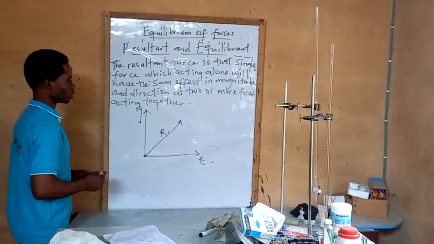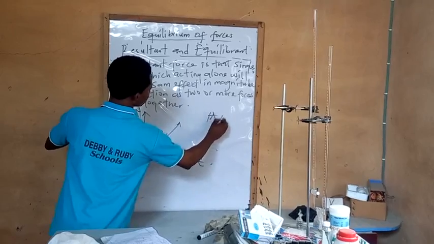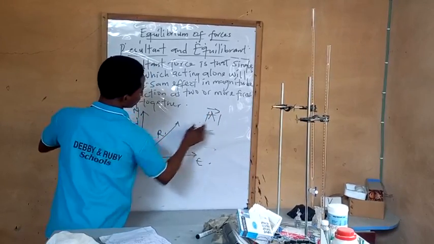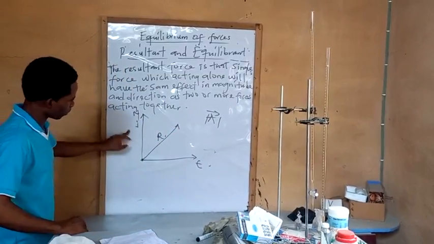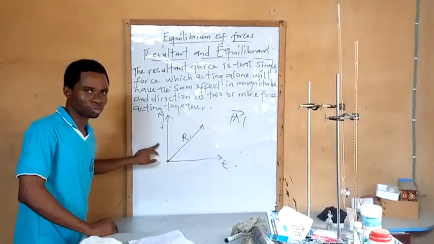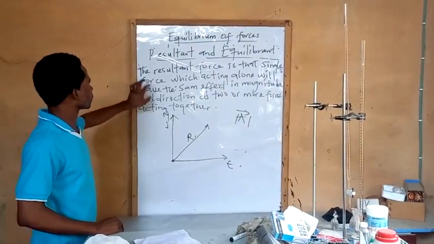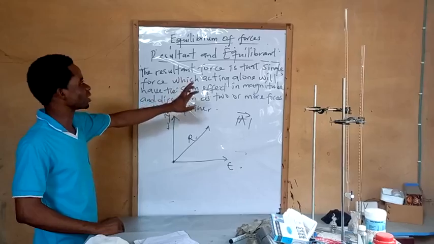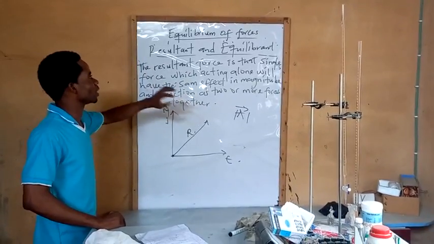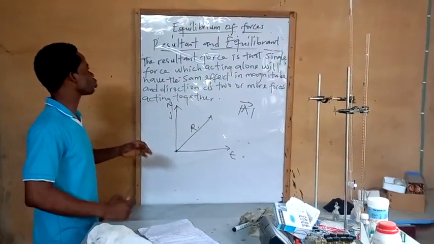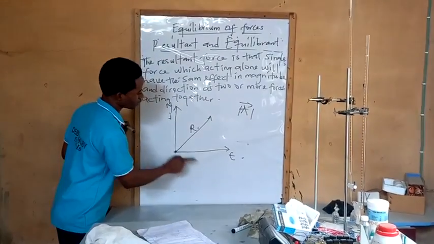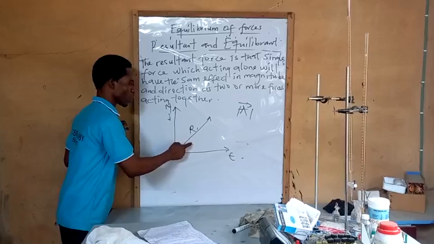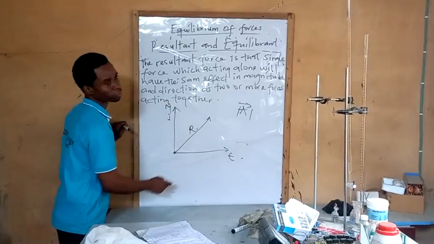If I write something like this, a vector, it indicates magnitude and direction. So these two forces indicate magnitude and direction. That's why I said the resultant force is that single force which, acting alone, will have the same effect in magnitude and direction as the two or more forces acting together. This resultant will have the same effect as both of them.